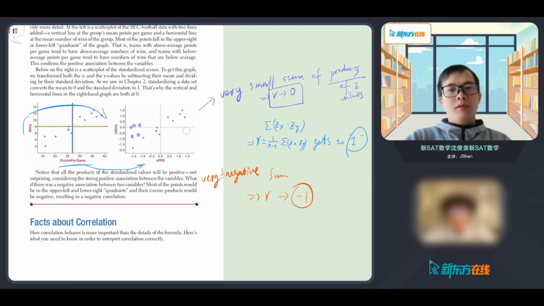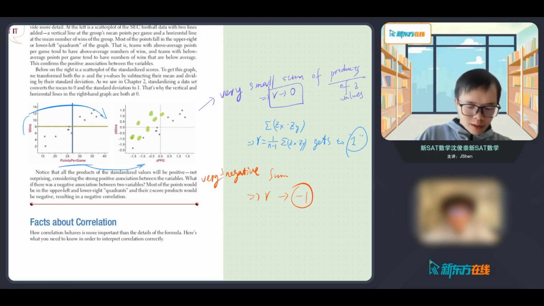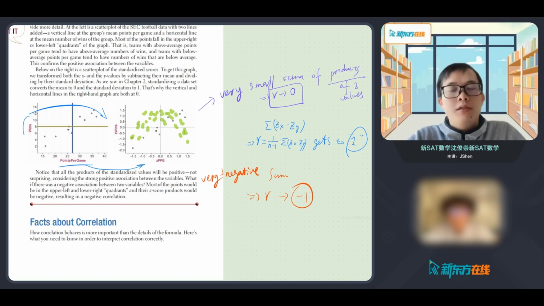For example, something like this, which is curved. The sum of the products also largely cancels out, right? So in that case, you also get a small R value, close to 0.